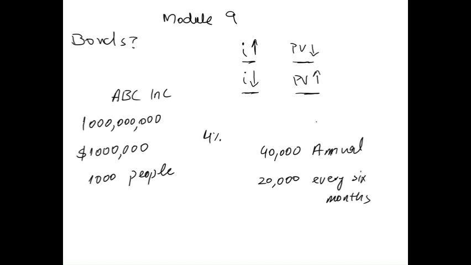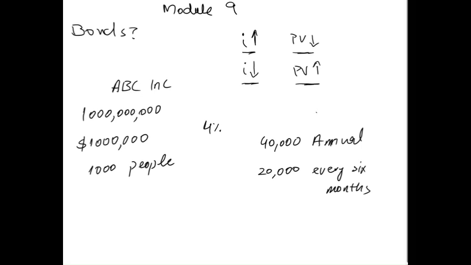Now, this looks pretty simple up until this point, but accounting for bonds is a bit more complicated, and here is the reason. When ABC takes this bond to the market to raise this money, investors, these 1,000 people, will look at this bond, and they will look at the company and make a calculation.